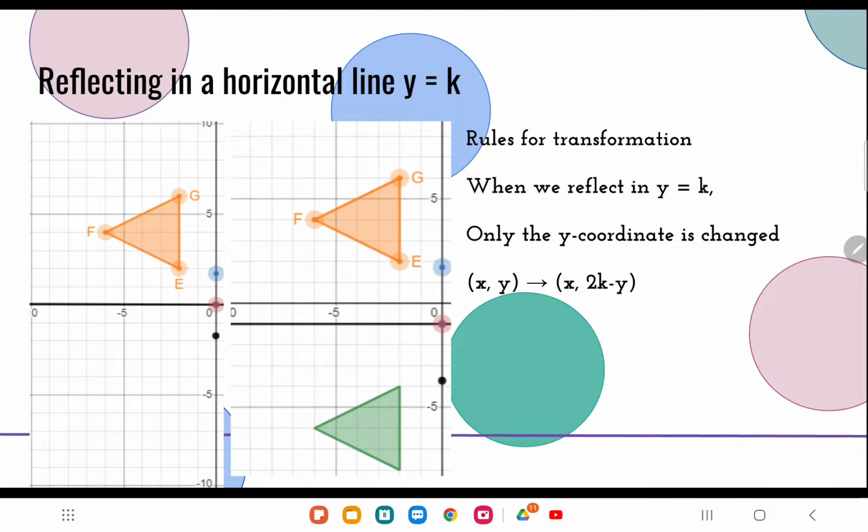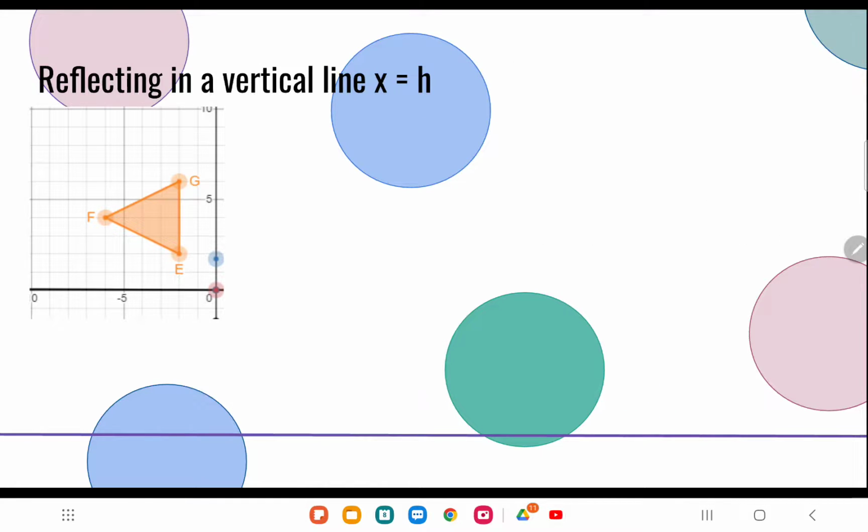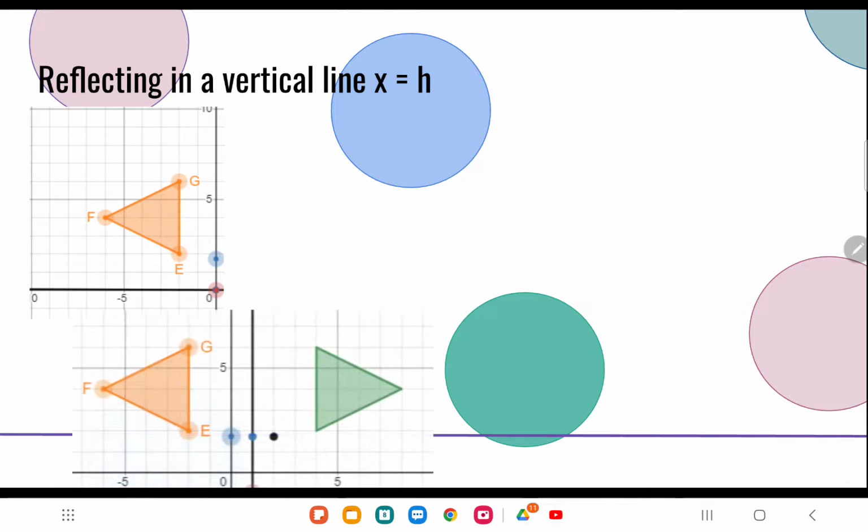We have a similar process when we reflect in the vertical line x equals h. Here again is my starting triangle. When I reflect in this vertical line, as you can see, the vertical line here is x equals 1.